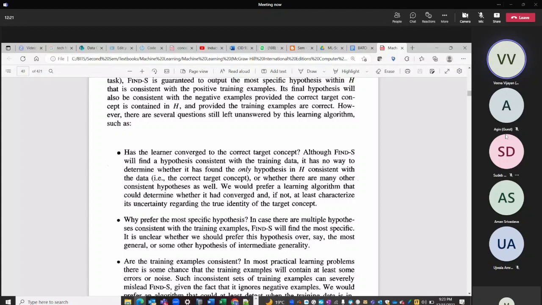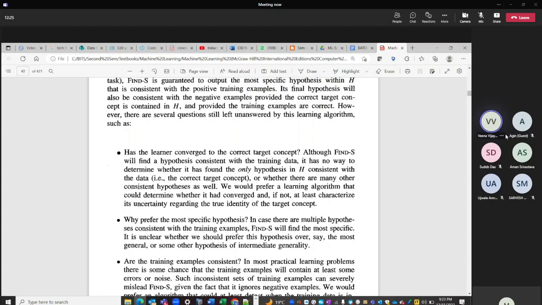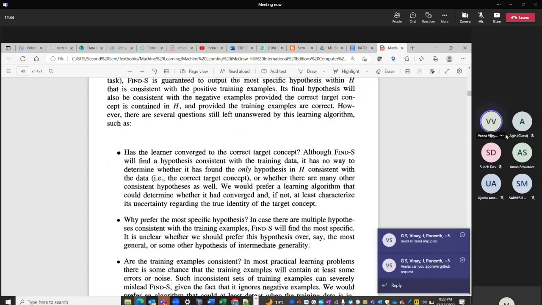We are finding one specific case, the most specific one. Other cases also are there. So those are some cases where the Find-S algorithm will not work.